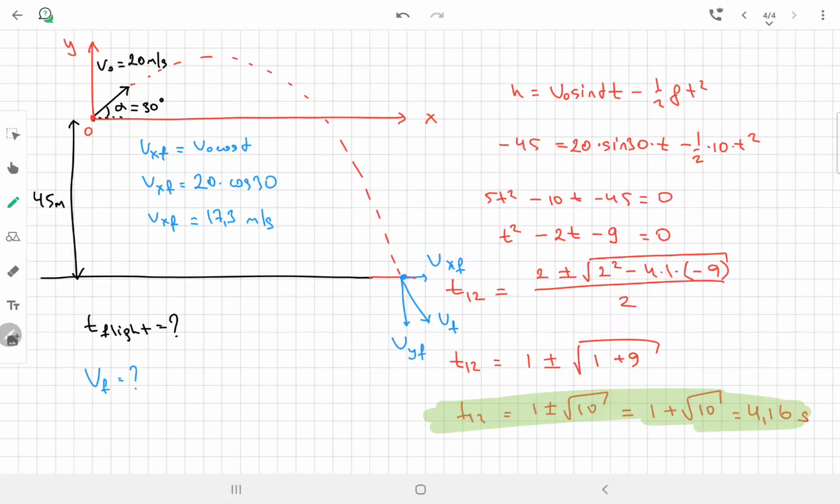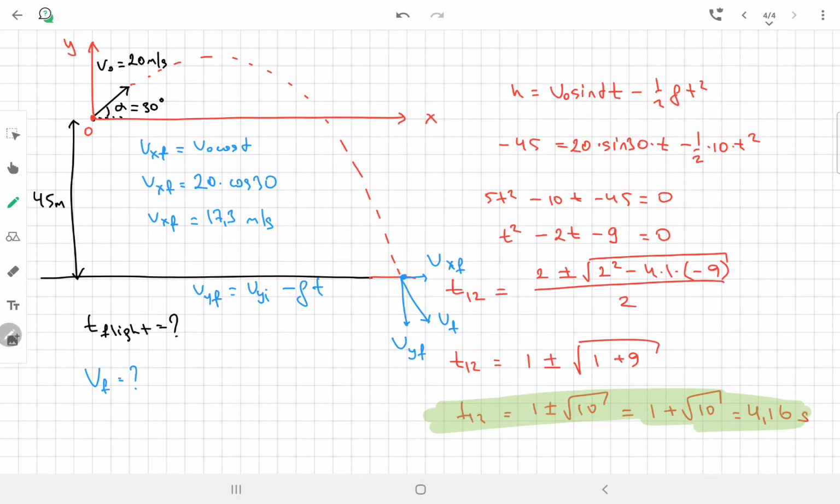Now we need to find the final velocity in vertical direction, basically the final velocity in vertical direction after 4.16 seconds. We can use equation number 1. Final velocity in y direction equals initial velocity in y direction minus g times time.